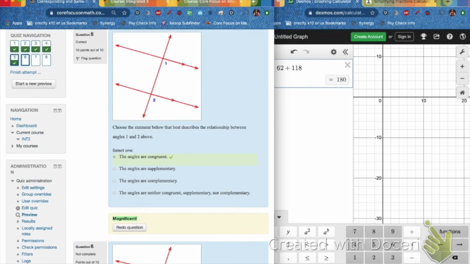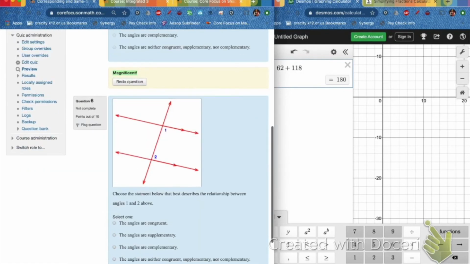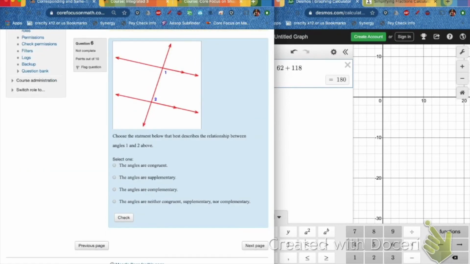But that is not true of our same side interior angles because, again, just like we've gone over multiple times already, these two angles do not match in terms of their degrees. Instead, they add to 180, which makes them supplementary because they are same side interior angles.